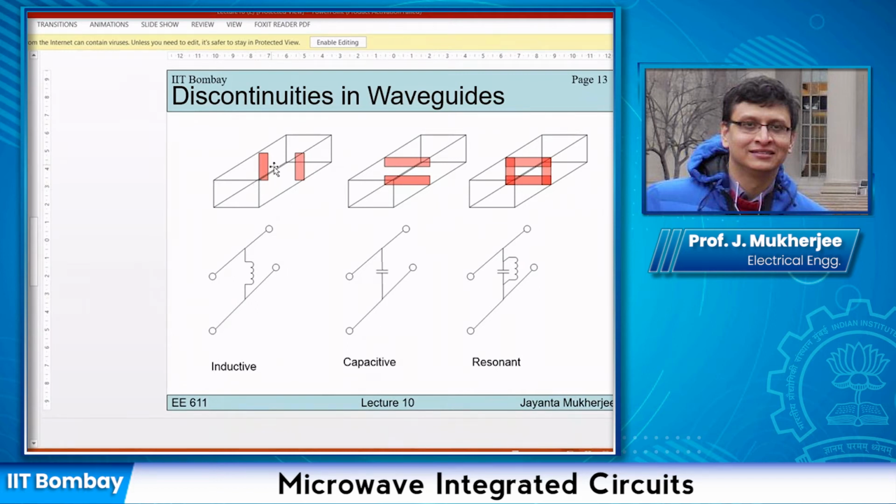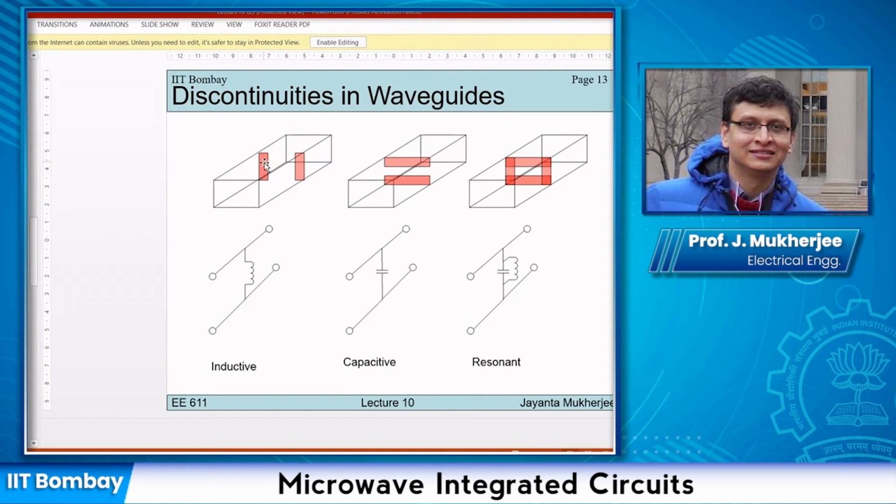If we introduce metallic strips between the broader edges, like this, then the equivalent model of that waveguide becomes like this, as if there is an inductance in shunt. On the other hand, if we introduce metallic strips between the narrower edges, then our equivalent model is like this, and as if we have a shunt capacitance.